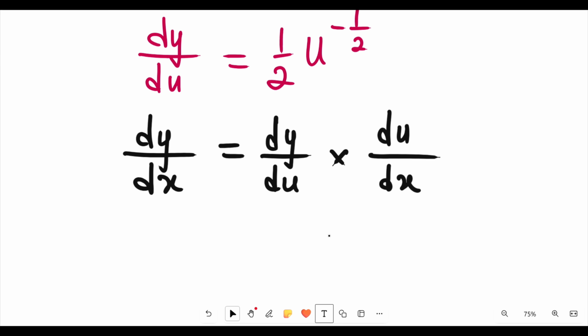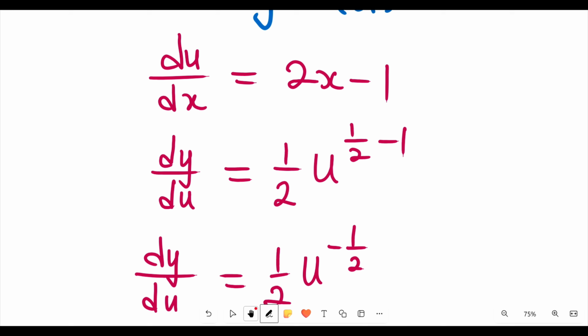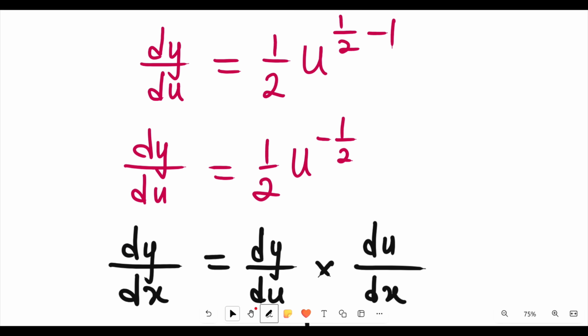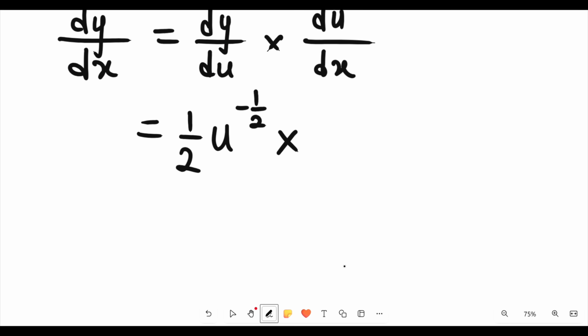Now let us bring back the components. So we have our dy du to be half of u exponent negative half, multiply our du dx, which is 2x minus 1. So we are going to replace du dx with 2x minus 1. The terms are 2, so we put them in bracket.